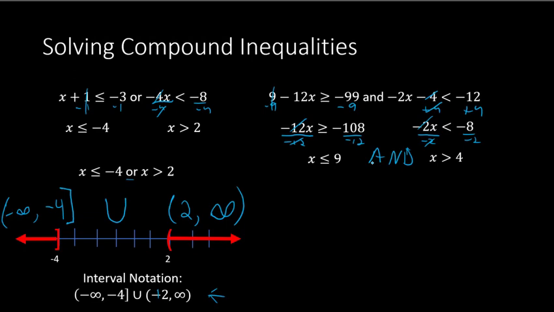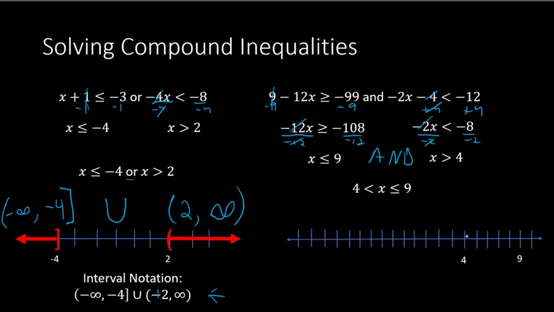So I can write this as a combined inequality, where we write x in the middle, and then 4 and 9 on the left and the right side. Then put your less than and less than or equal to symbol right here. So literally, you write this out as x between 4 and 9. So graphically speaking, it's going to be graphed everything between 4 and 9.